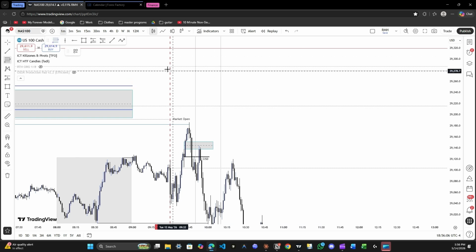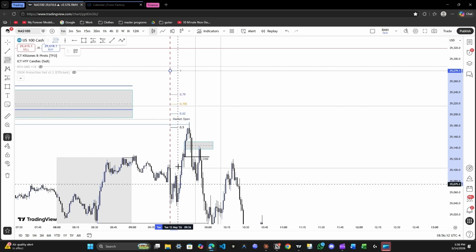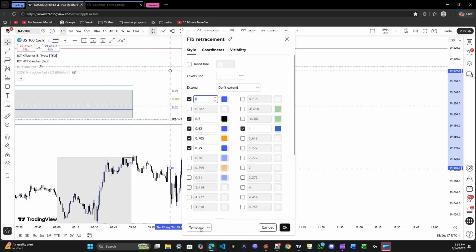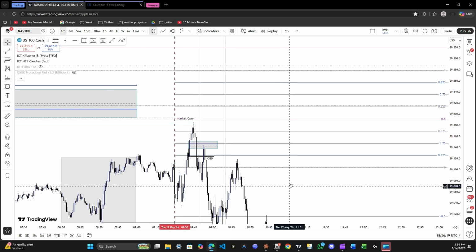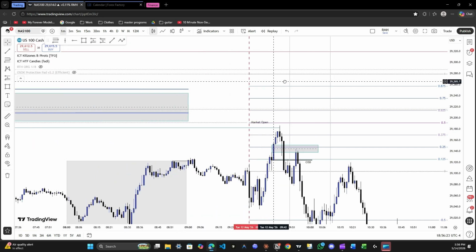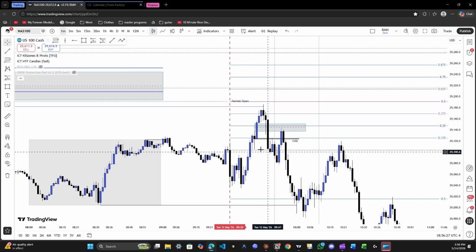We can draw our opening range gradient from settlement to the... That's not the correct market open. This is the correct market open. There we go. Opening range gradient. I like to lock it so I don't accidentally click it. Anyway, here. So we have our inverse fair value gap and a change in the state of delivery.